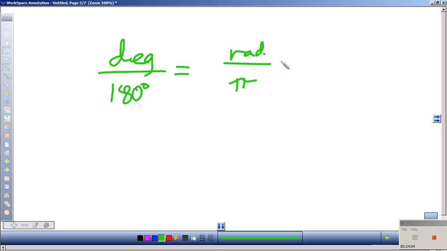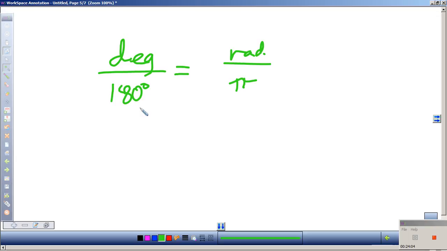Pi. So this formula will change it back and forth between degrees and radians. Have you seen it before? I don't think I've seen a book that actually puts this in this form. They just say to change to radians, pi times degrees over 180. But I'd rather have a single formula that works both ways.